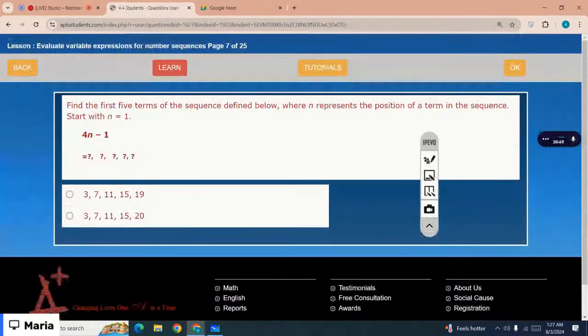Okay, find the first 5 terms of the sequence defined below where n represents the position of a term in the sequence. Start with n equals 1. So, which is the correct option?